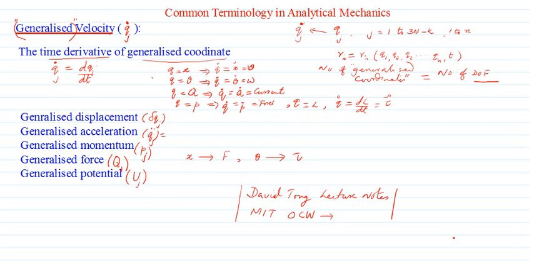Once you are able to get some textbooks, as I mentioned, Goldstein will be one of them. Our reference book for study is Classical Mechanics by Herbert Goldstein, one of the very standard textbooks universally used for an introductory course in classical mechanics.